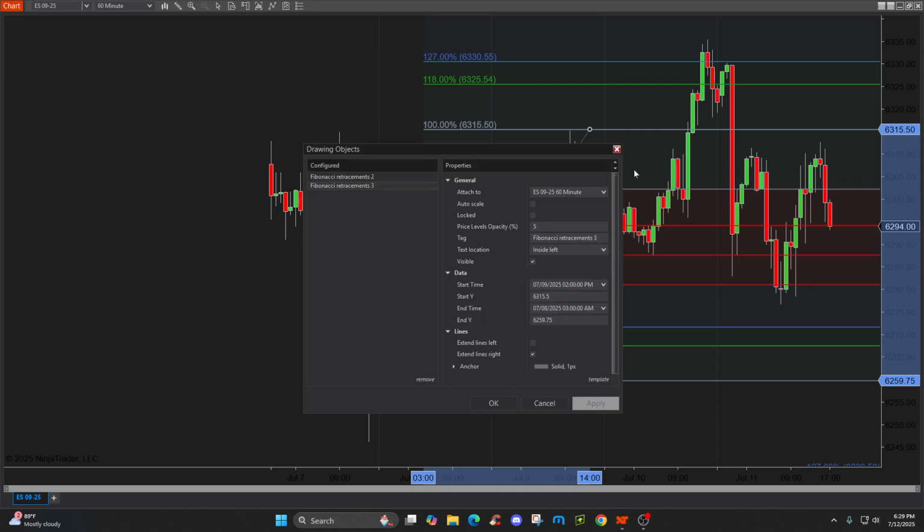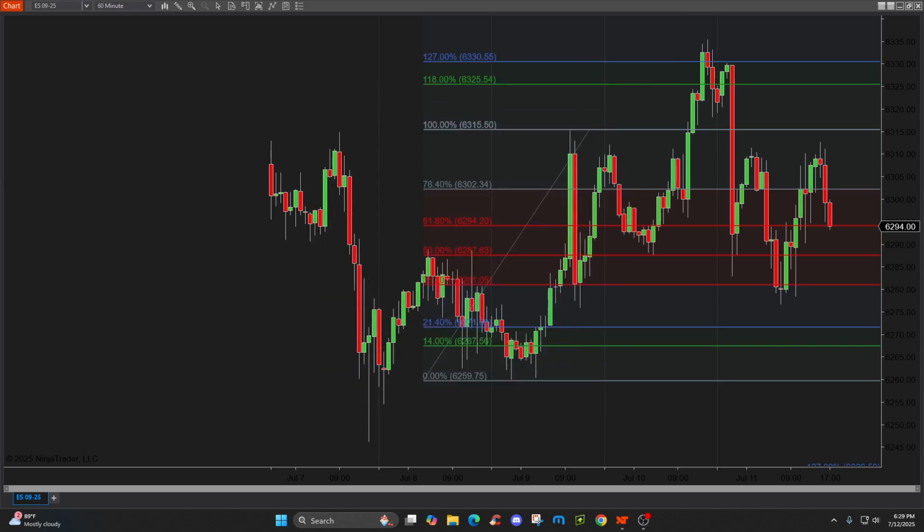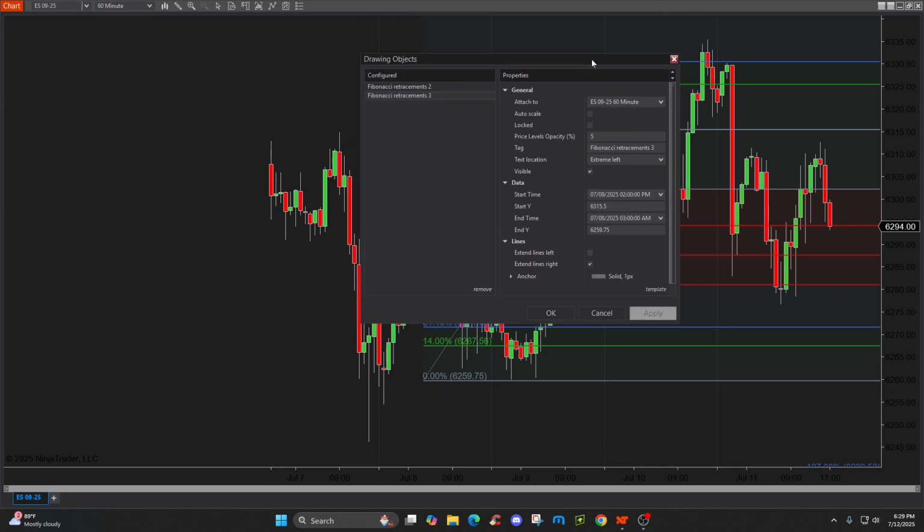Properties, inside left, extreme left, see if that helps. No, it didn't do what I wanted it to.